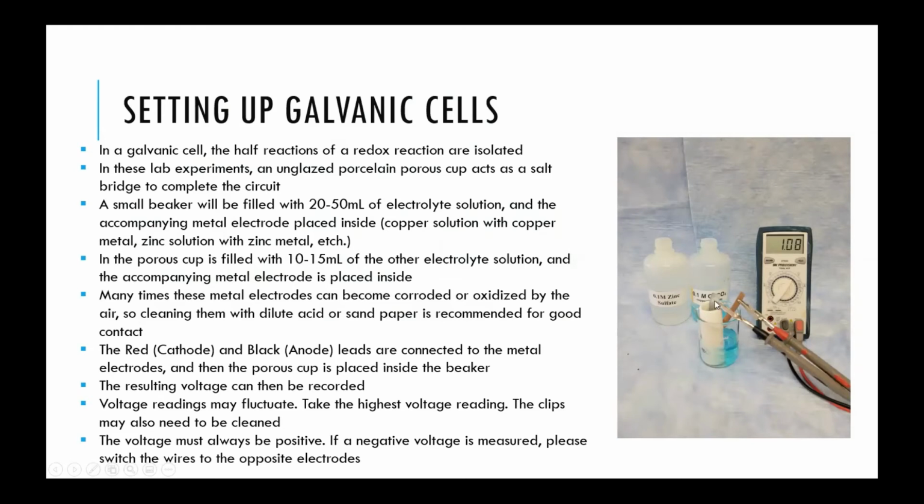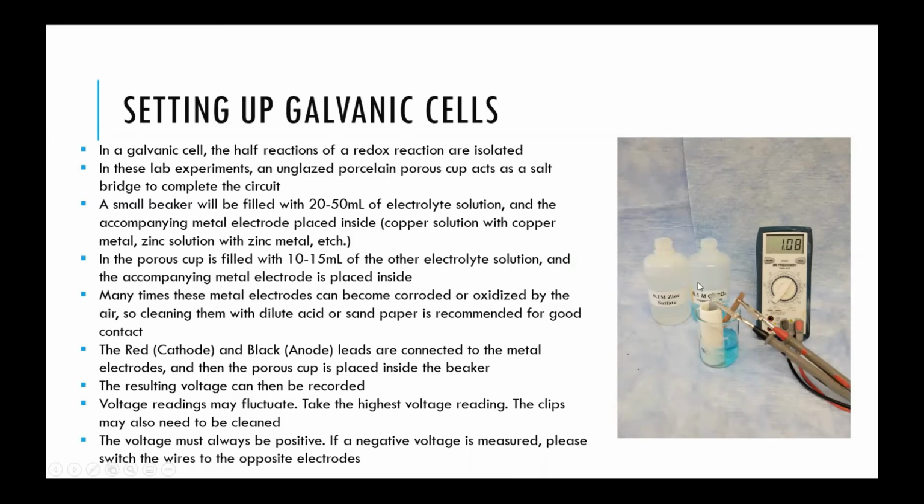This porcelain cup is unglazed and acts as the salt bridge in these experiments. So when you prepare the galvanic cell, you'll be taking the individual electrolyte solutions and adding one of the electrolyte solutions to the beaker with its appropriate electrode.